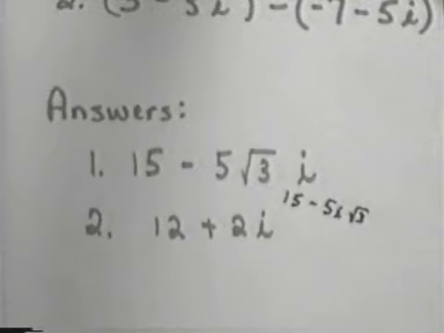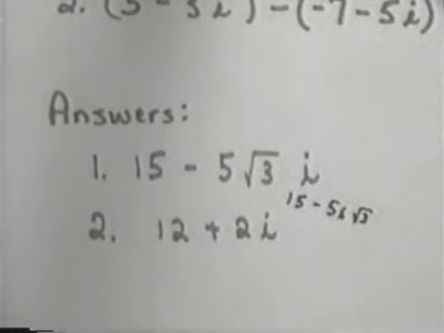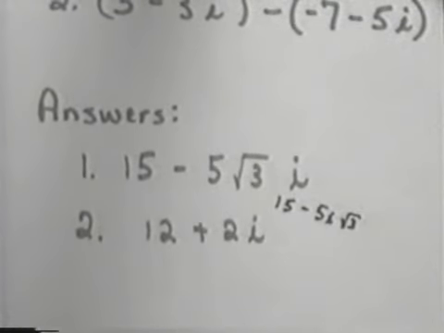The answer to the second one is 12 plus 2i. If you disagree with either of these answers, be sure to check with someone. Remember that I've been threatening to miss one on purpose just to see if you're checking it and checking with someone when you disagree.